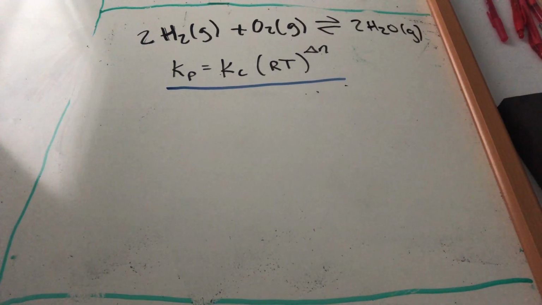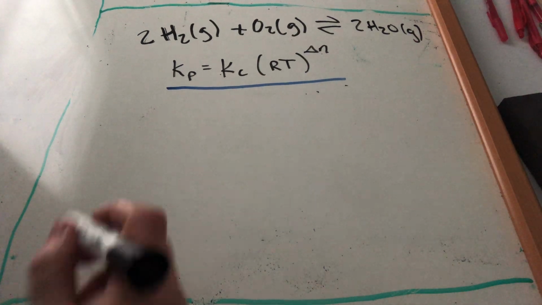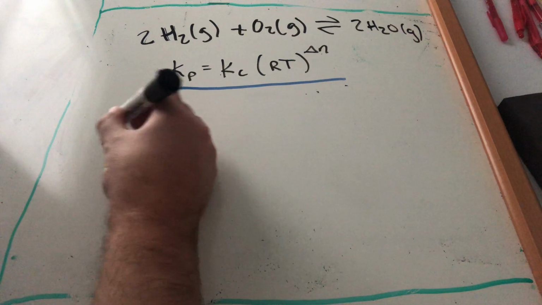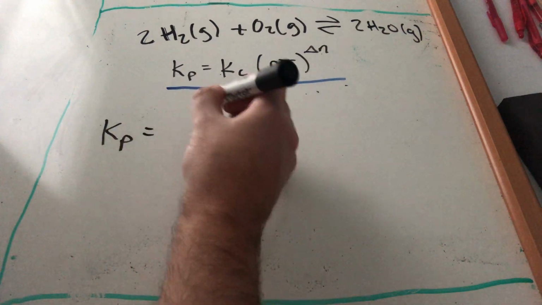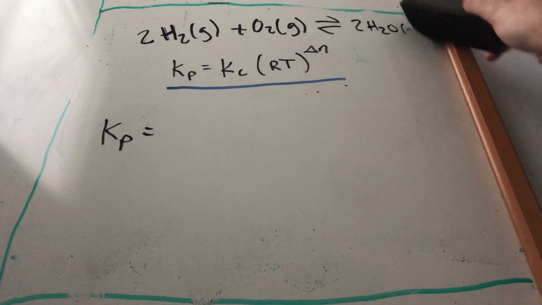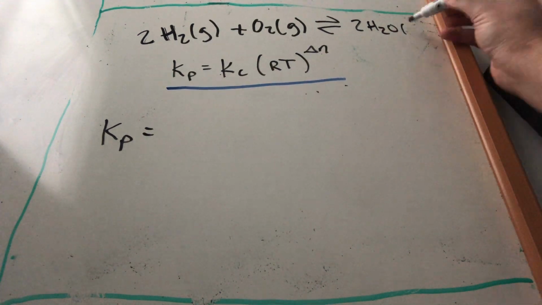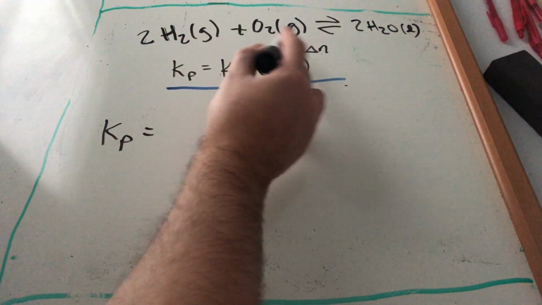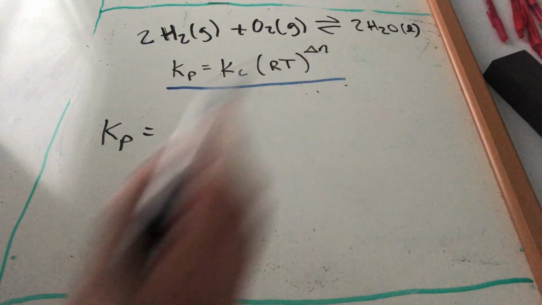We know how to write our K expressions for each of these situations. So let's say we wanted answers in atmospheres. We would have a Kp that looks like, ooh, let's make this liquid, just to drive points home here. So 2H2 gas plus O2 gas gives me 2H2O liquid.